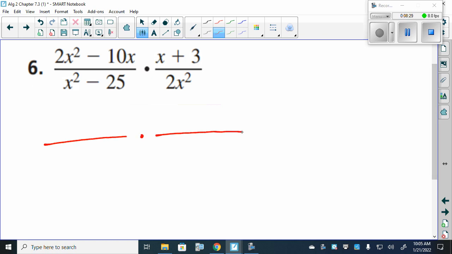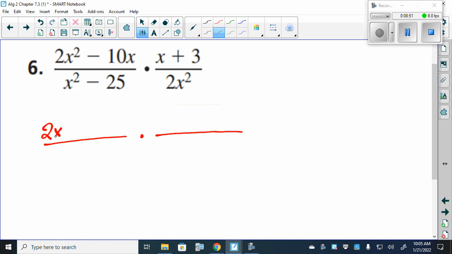Well, we do need to factor these here. So let's look at the 2x squared minus 10x. Well, we only have 2 terms, yes? So most likely we're not going to use 2 sets of parentheses, but is there a greatest common factor? Anything else?